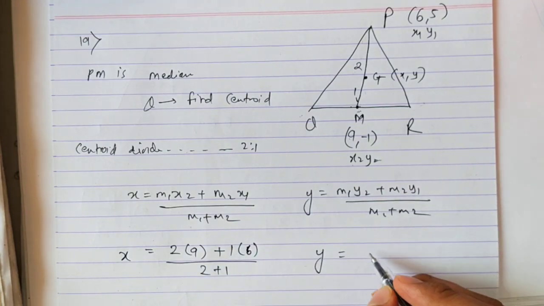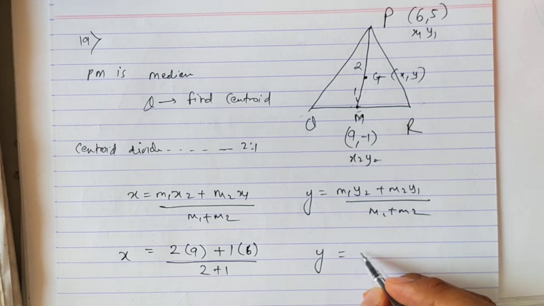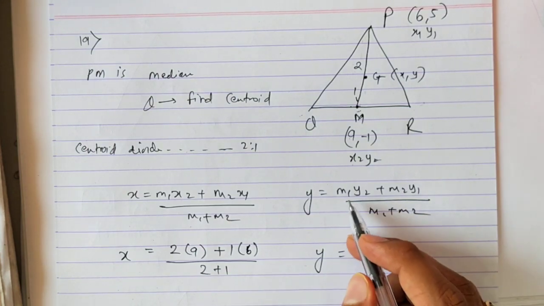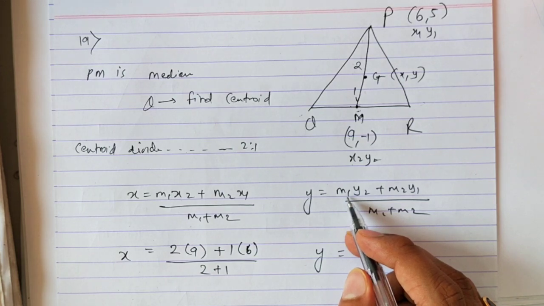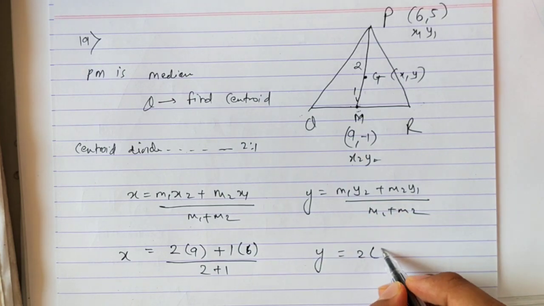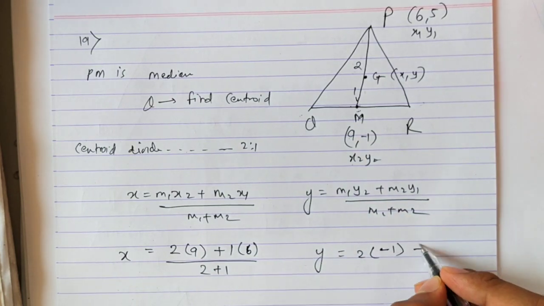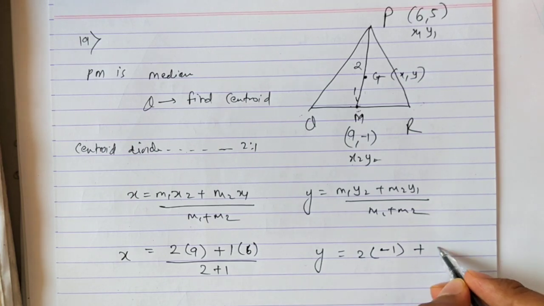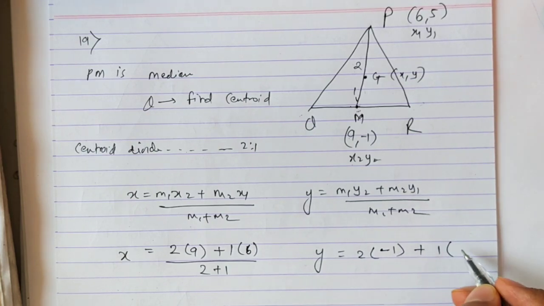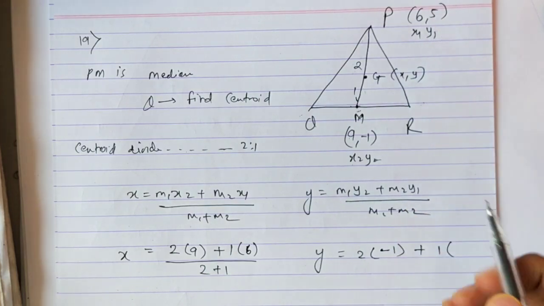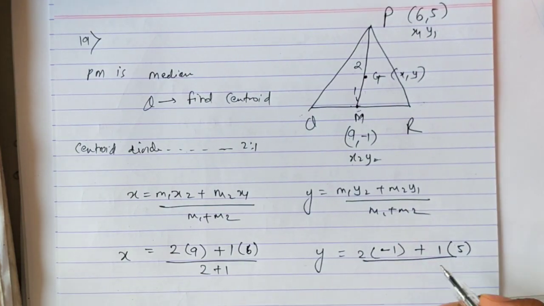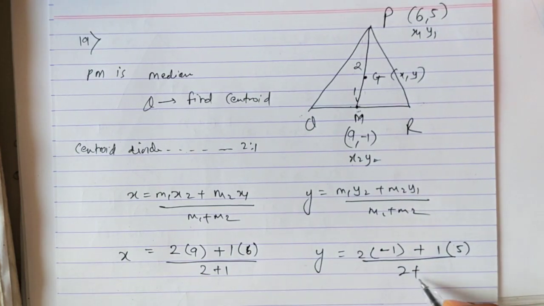Similarly here y is m1 2, y2 is minus 1, plus m2 is 1 into y1. y1 is 5 upon m1 plus m2, that is 2 plus 1.